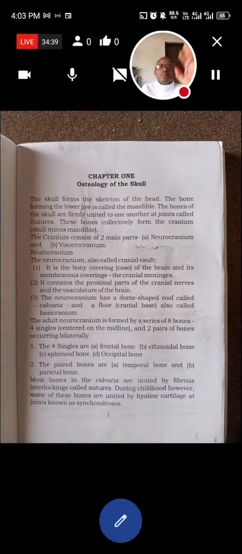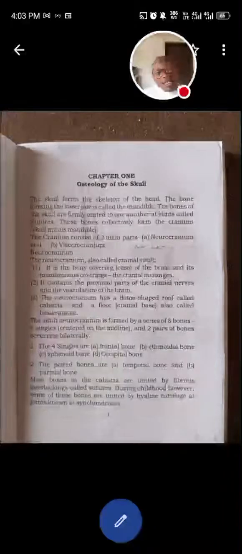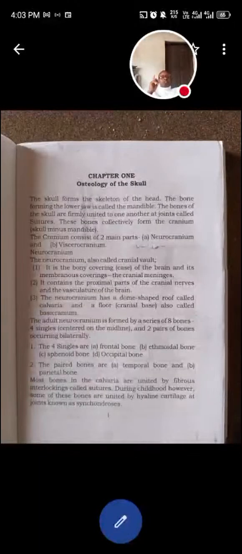So that's that about that, and I think that's a whole lot. We were to look at the 32 topics that make up head and neck. That's the mnemonics for it. But we just need to know what is head and neck. First we said the head has the skull, the skeleton of the head.